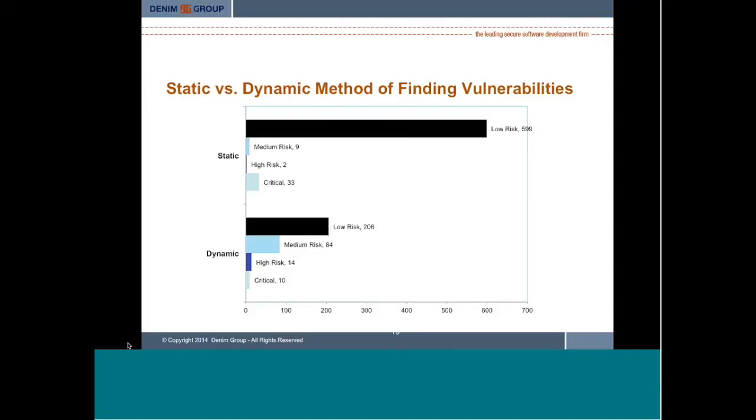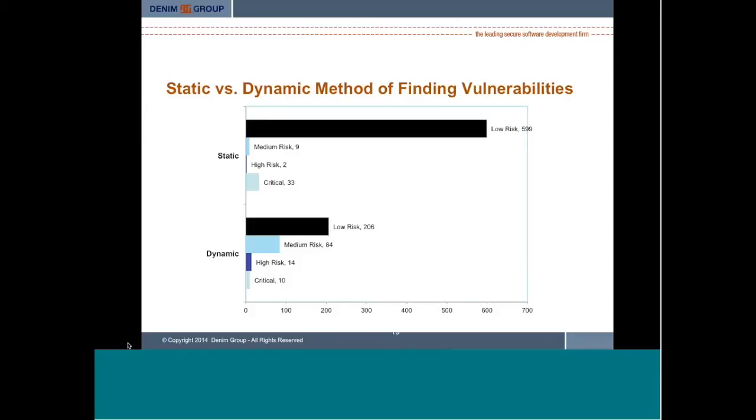So from a static standpoint, as we'll see, there are a lot of low-risk vulnerabilities that got kicked up and have to be addressed. But if you're not doing static testing of these different parts of the system, you're missing some pretty significant critical stuff. And so that's an interesting data point that came out of this.